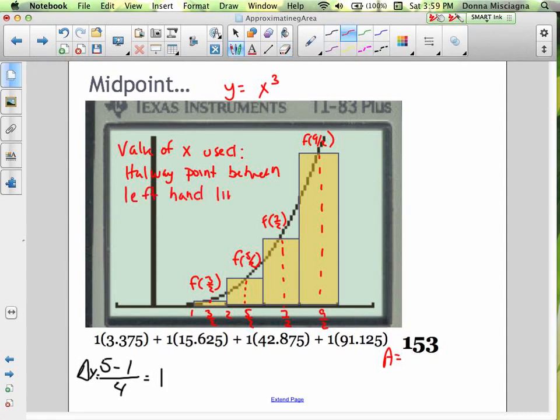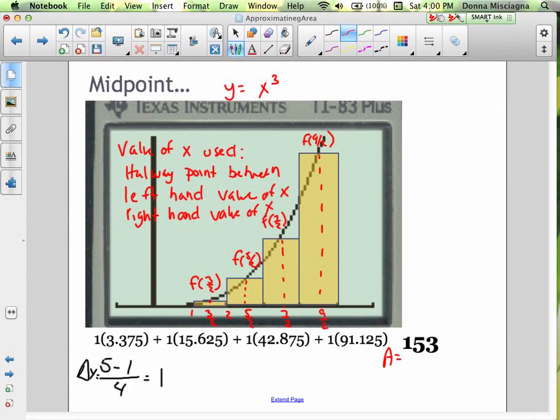Excuse me. Oh, man. Thinking of limits now. The left hand and the right hand value. And of x, not the value of the function.